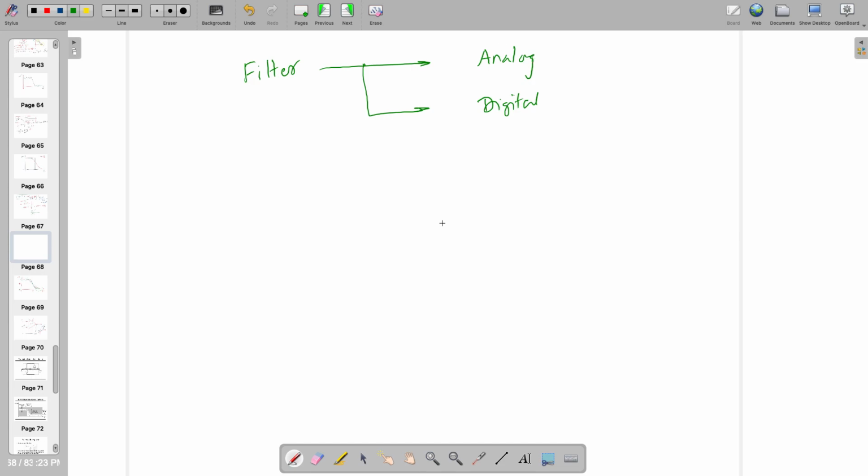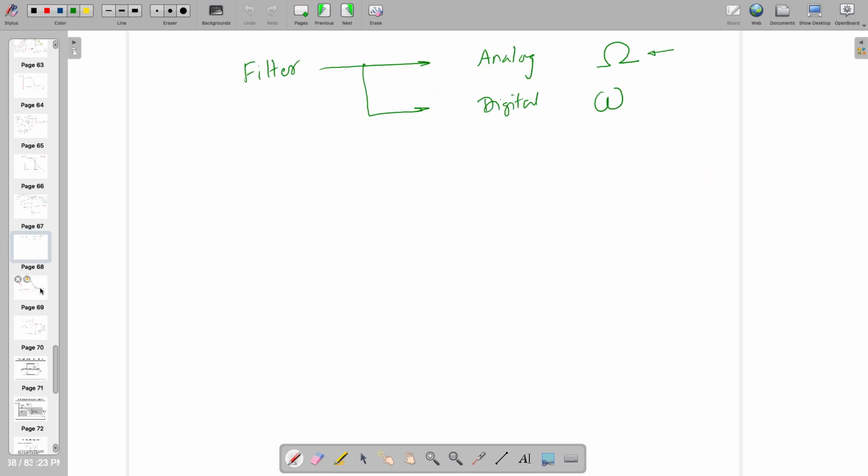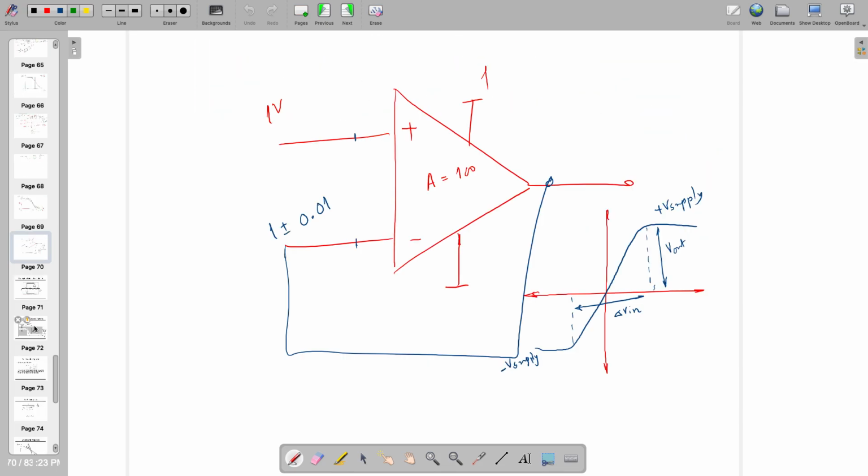Generally all the books follow this omega for analog and this omega for digital, but I am following this omega just to make sure that it's the same as what is written in Behzad Razavi. Otherwise you should follow this notation for analog filters. So that's why I got confused here, right? Otherwise in the book it's written like this. We are following exactly what the book is saying. Okay.